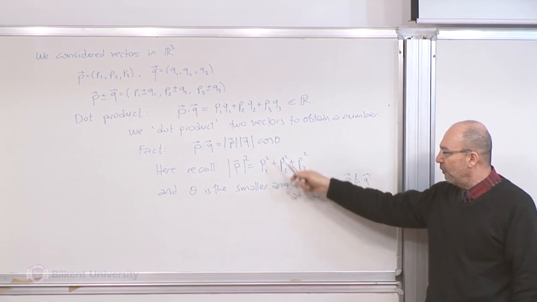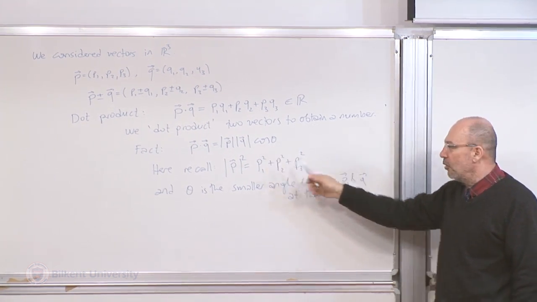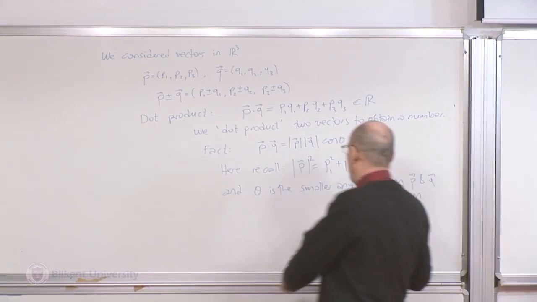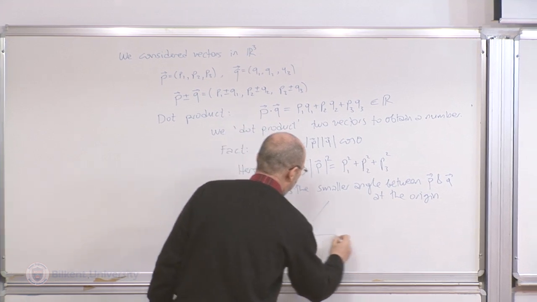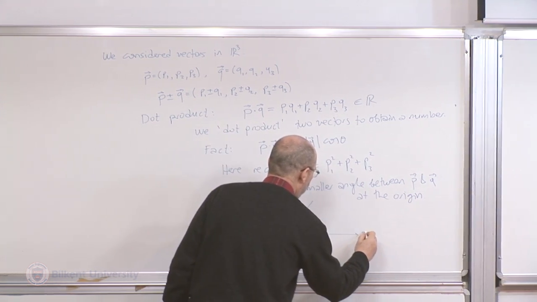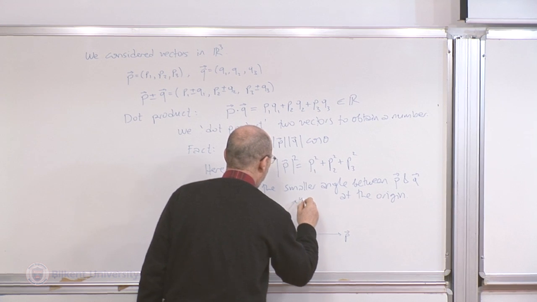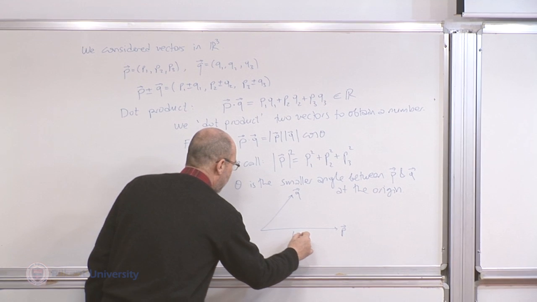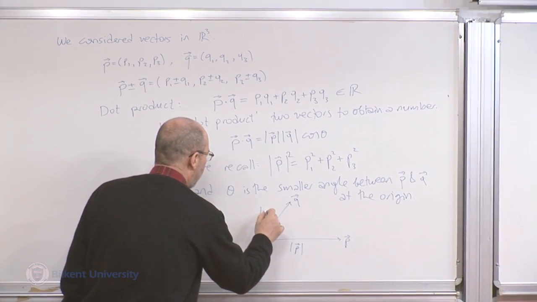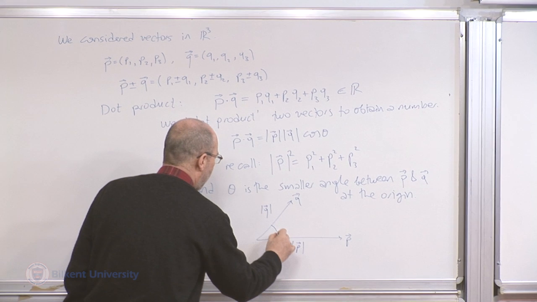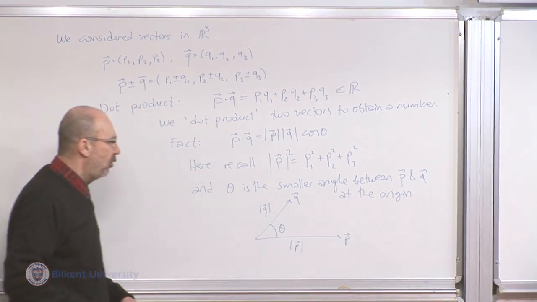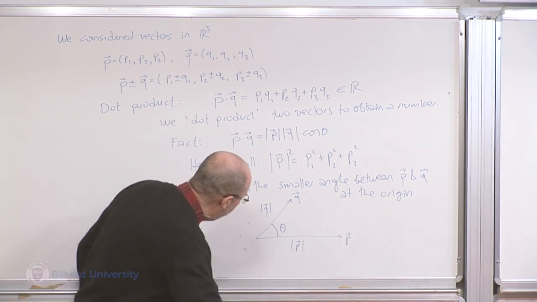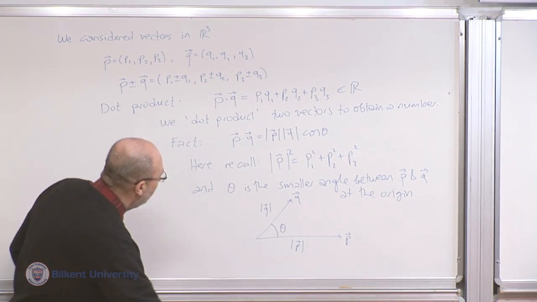The smaller one with the cosine comes here. The picture is something like this: this is P, this is the vector Q. The length of this side is the length of P, the length of this side is the length of Q, and this angle is the one we are talking about. There is also this large angle, which we will not look at.